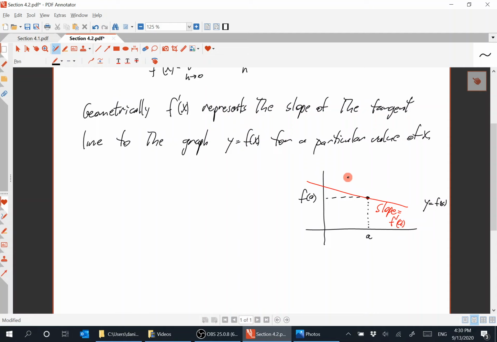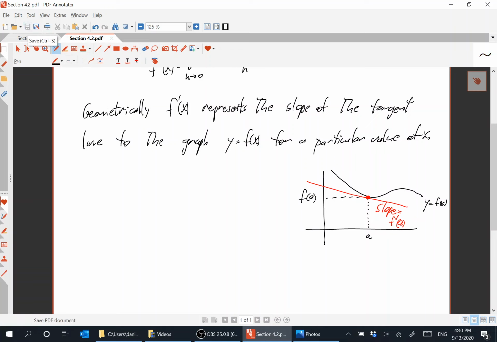Let's redo it. There we go. Alright, so the slope there is f prime of A.